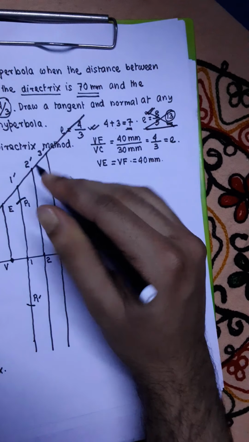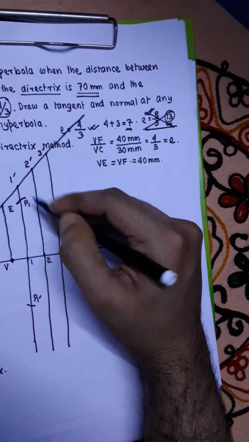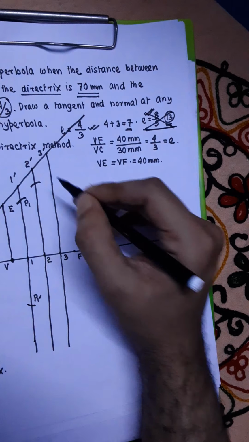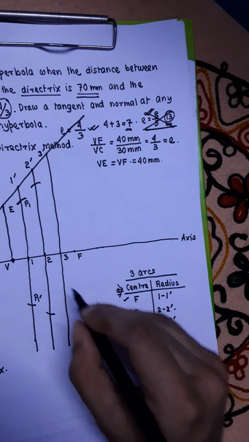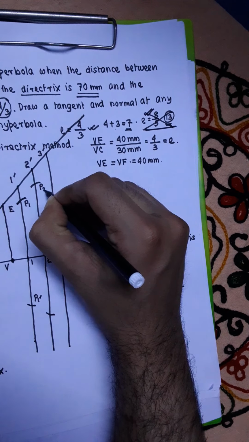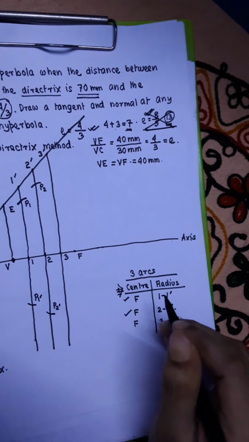You have to note only those points where the arc cuts this line 2 dashed. It will cut somewhere here on this side of the axis and at another point on this side of the axis. You have to note these 2 points and call them as P2 and P2 dashed.